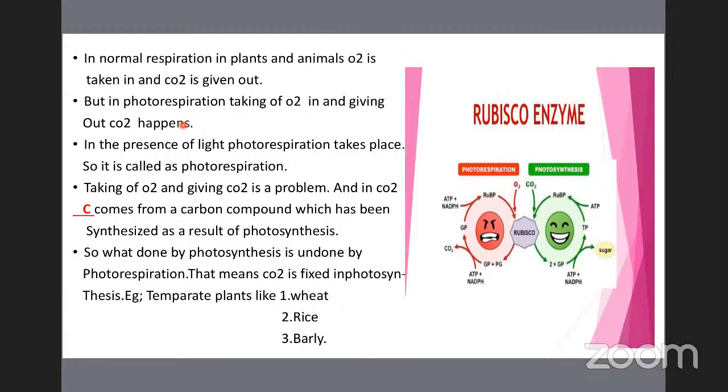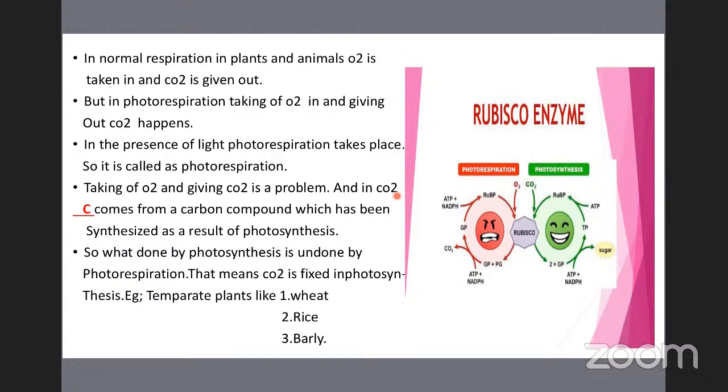But in the presence of light, this photorespiration takes place. In respiration and photorespiration, the same sequence is there, but photorespiration takes place in the presence of light. That's why it is called photorespiration. And taking in O2 and giving out CO2 is a problem for the plants.